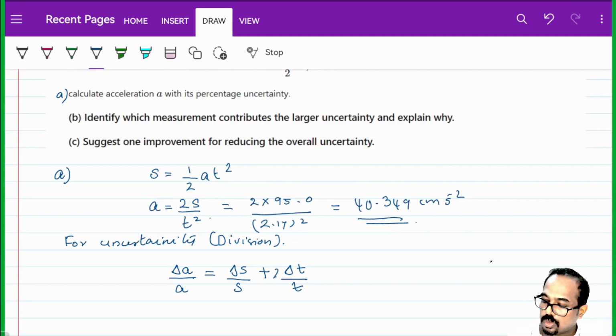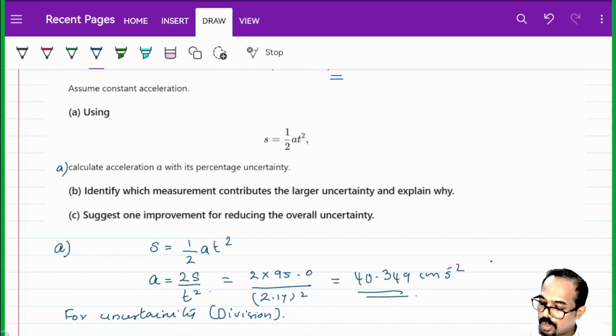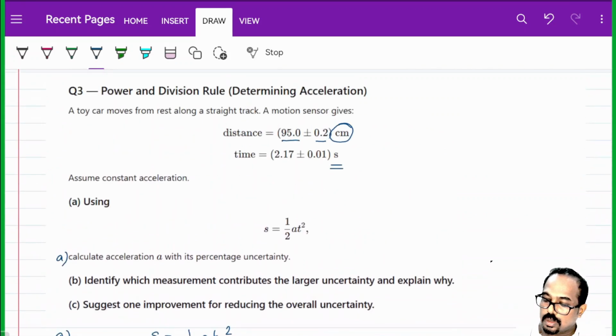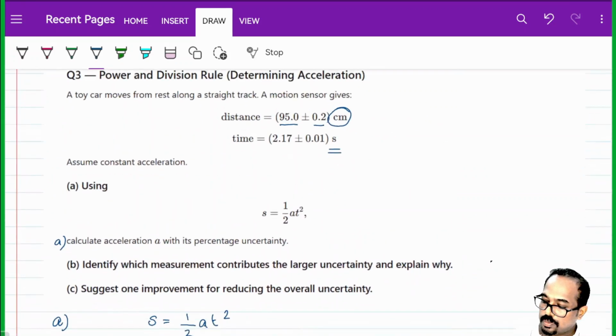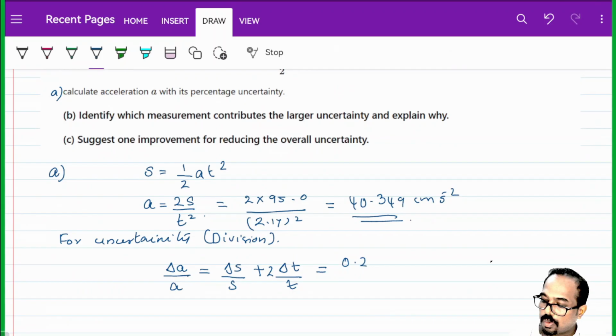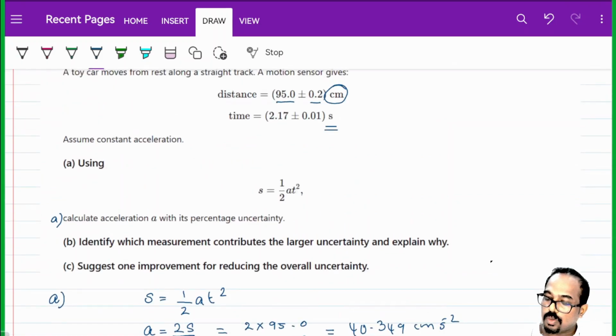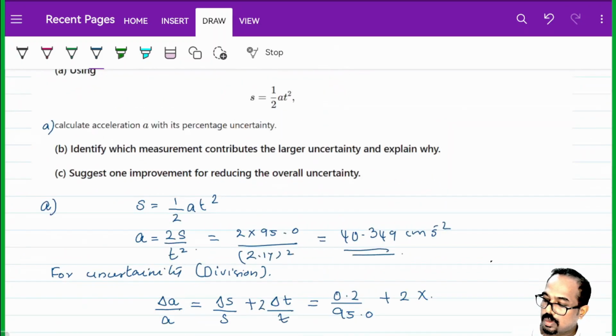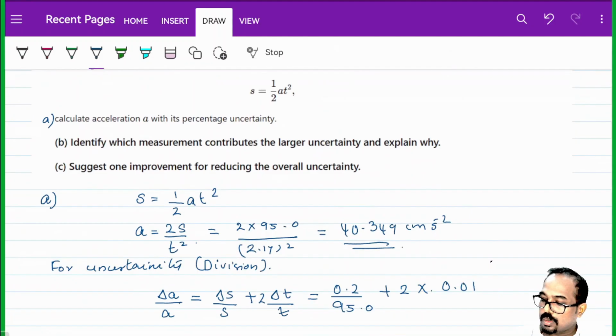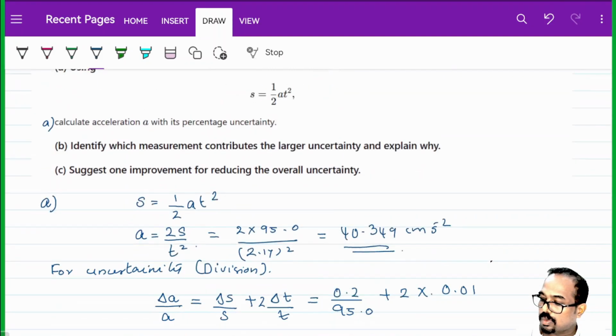Since the power is 2, it is 2 times delta T by T. Substituting the values: delta S is 0.2 upon 95.0 plus 2 multiplied by delta T, which is 0.01, upon 2.17.